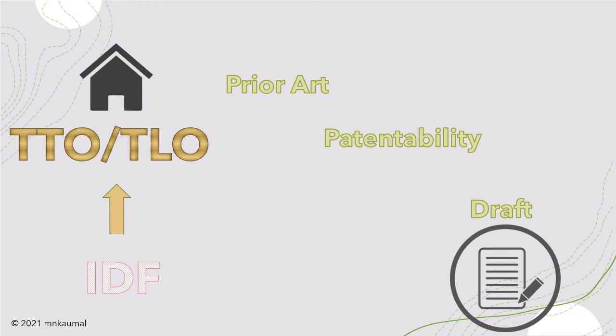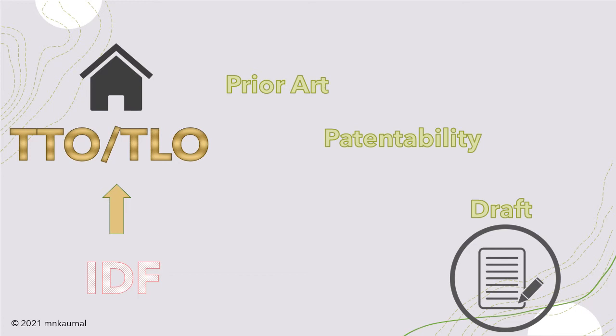So that issue is there, but still Google Patents does an automatic translation. You should be able to read it in English. Look at Google Patents, do a quick search, and see whether you can find something similar to your research work. So the new words you learned: IDF, prior art, patentability, TTO, and there's another word, TLO, Technology Licensing Office.